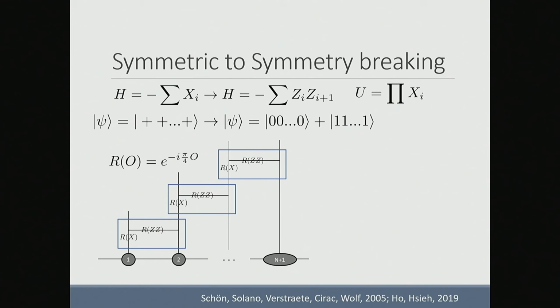We're starting from the left-hand side, and we move sequentially from one end to the other, and that's what we call a sequential circuit. Okay. And this sequential circuit actually is more powerful, definitely, than a finite depth circuit because it allows us to map x to zz, zz to x, and actually map a symmetric phase to a symmetry breaking phase, and also backward, from the symmetry breaking phase back to the symmetric phase. Okay.